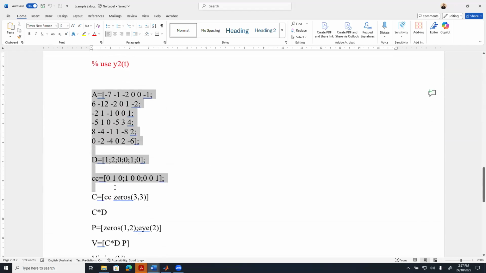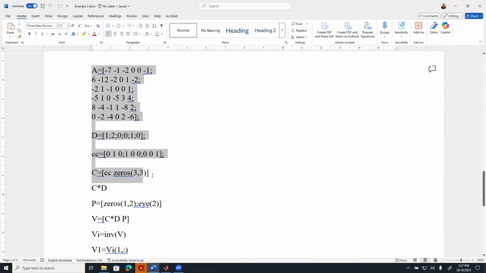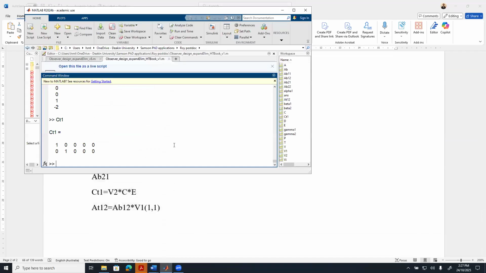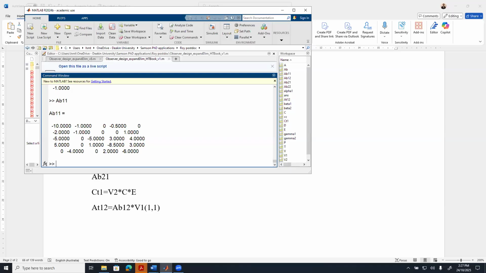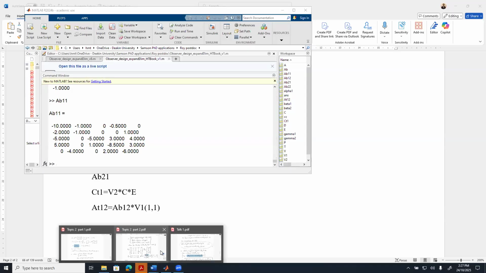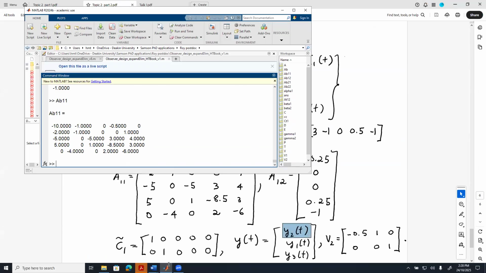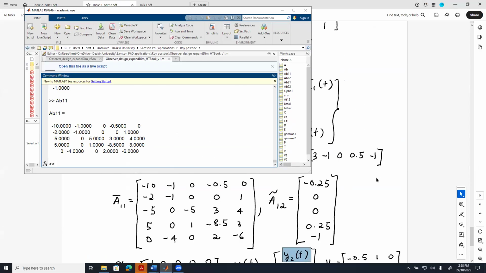We rearrange the output matrix, and then we continue with the rest of the code, the same as the previous one. And we obtain all the submatrices. So let's say we got I bar 1, 1. I bar 1, 1 is given by that one, 10 minus 1, and so on.